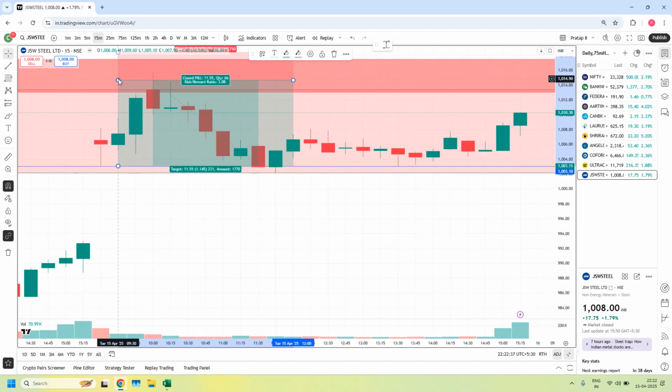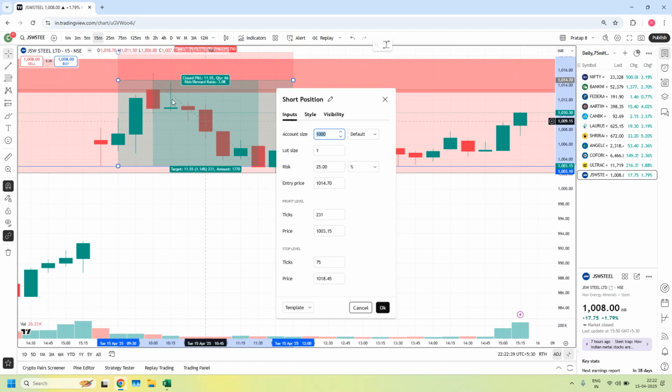And in case the zone is violated, your risk will be only your entry minus stop loss, that is 101845, 101470. So almost 4 rupees could be your loss. Maybe 3 rupee 65 paisa or something, or 75 paisa.